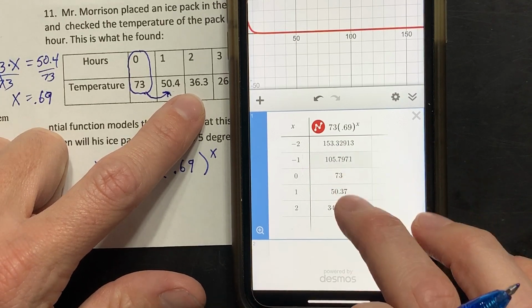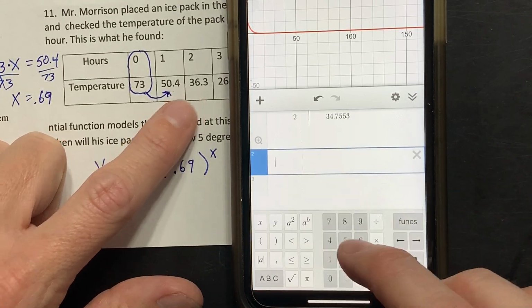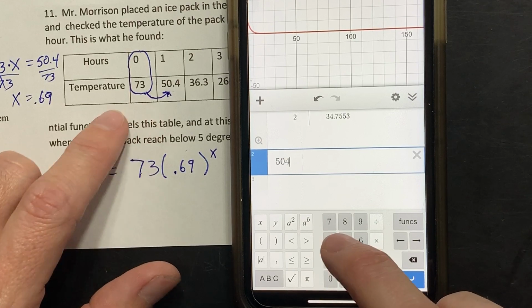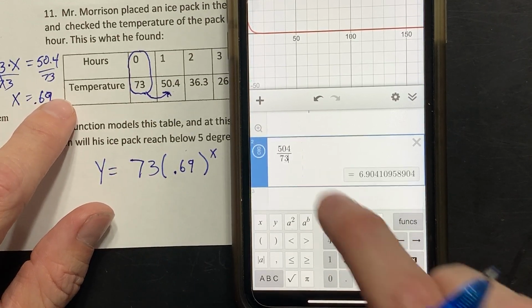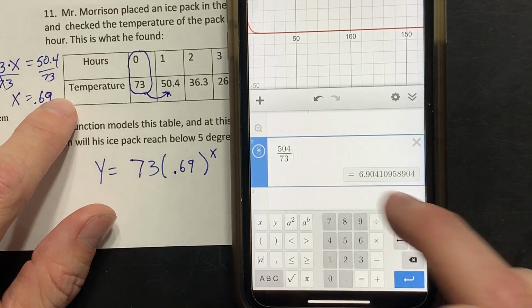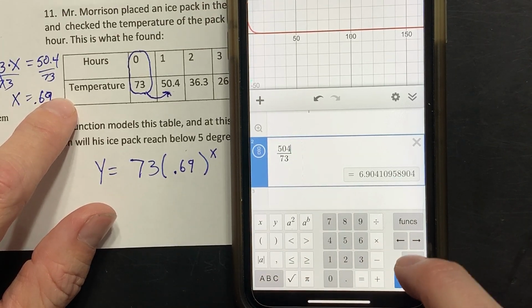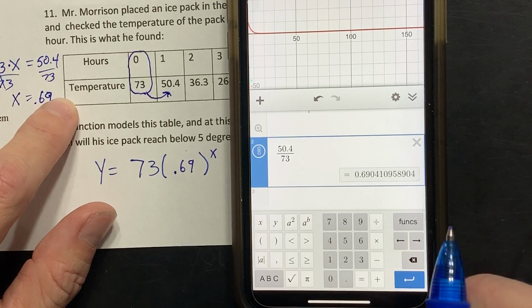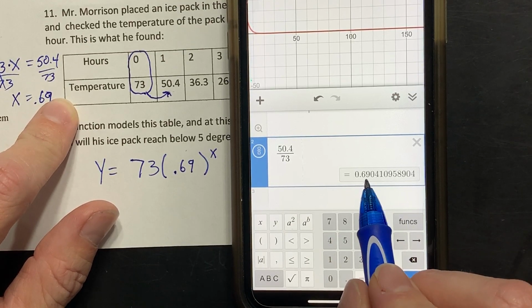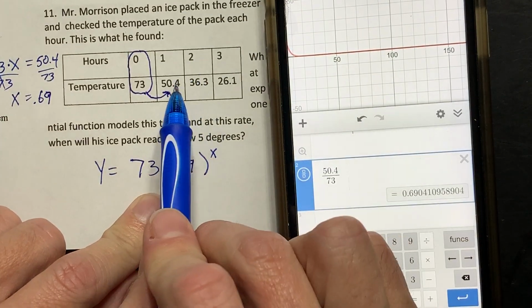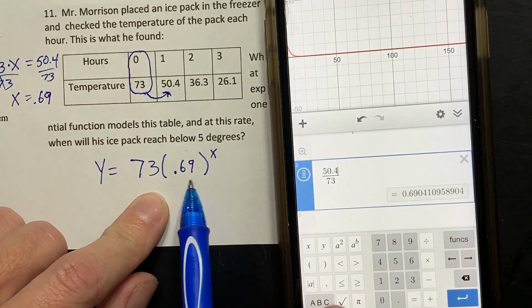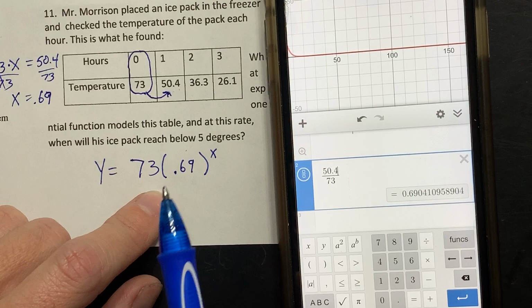Uh-oh. 50.4 divided by 73. Oh, I see what I did. Because I estimated a little bit. Technically, it's not 0.69, it's 0.69041. But that is a close enough estimate. These numbers here could also be rounded, so we're not going to be able to get exact here. This is as best we'll get.